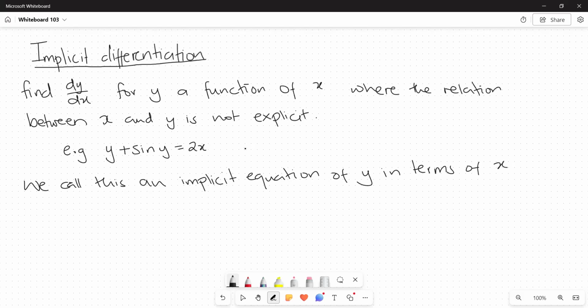So if you have explicit, then y is alone on one side. On the other side, there are no y's, so y is the subject of the formula. Now here, where it is quite challenging to write y as the subject of the formula, that is what we call implicit. Okay, now just because we have an implicit equation does not mean we cannot find the derivative. So we still are able to work out dy dx.